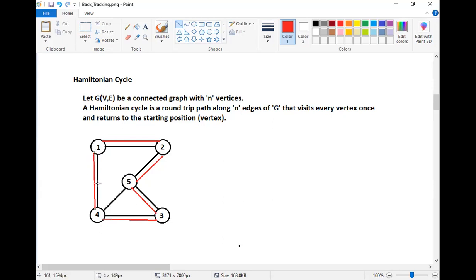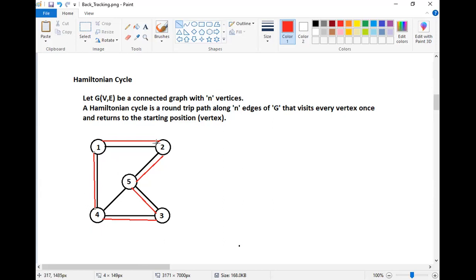Okay. Now count the number of edges here. 1, 2, 3, 4 and 5. Is that the same as the number of vertices? Yes. Did I visit all the vertices and come back to the starting vertex? I started from 1, visited all the vertices and then came back to 1.